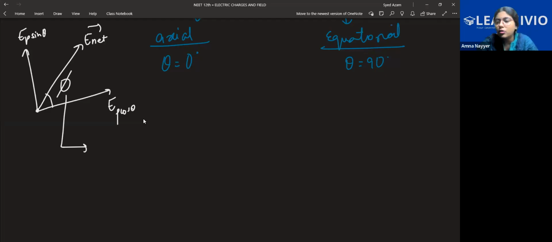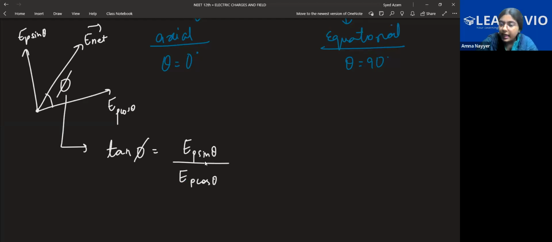This is like beta in your superposition principle or vectors, the way you write tan beta's formula. So this is also similar to that. You are going to use tan. Tan phi will be your EP sine theta component divided by EP cos theta component. When you take their ratio, this is equal to sine theta by 2 cos theta.